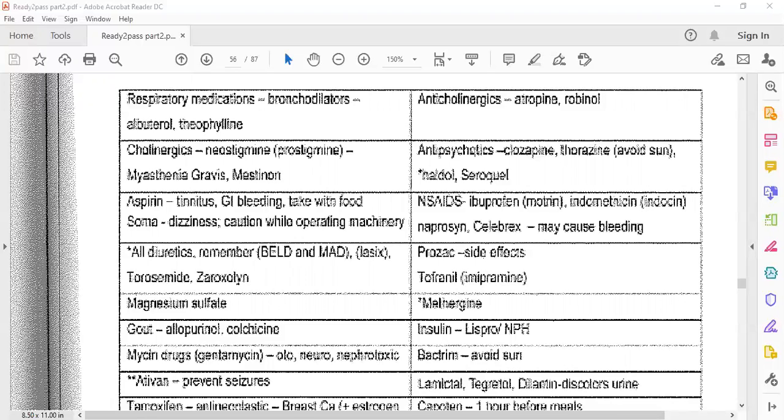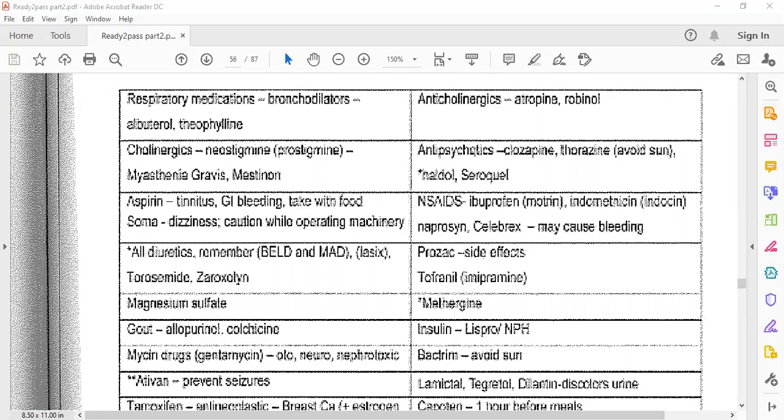Let me recap it. As I told you, antipsychotic medications can reduce or relieve the symptoms of psychosis, such as delusion or hallucination. Delusion means false belief.